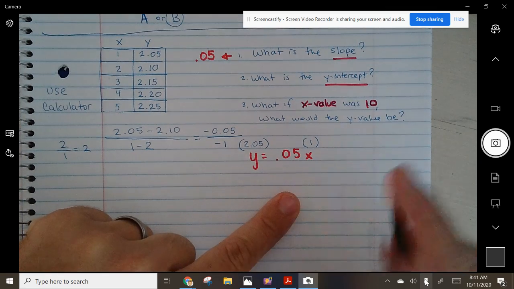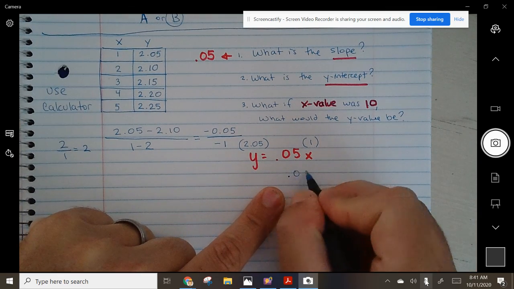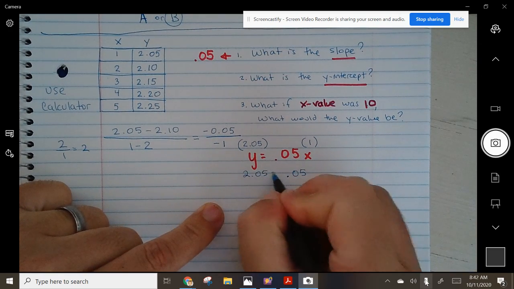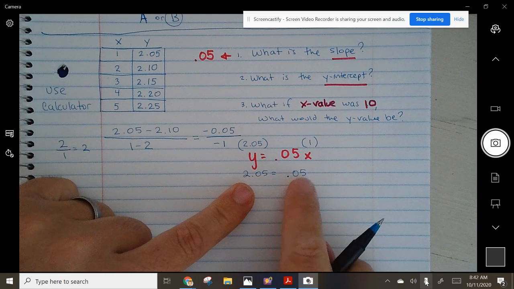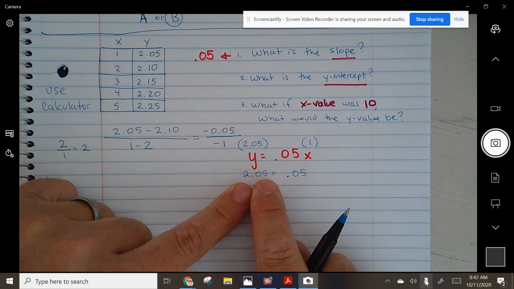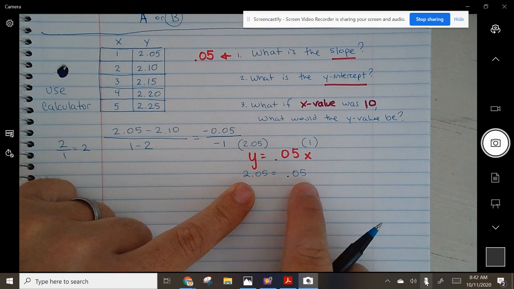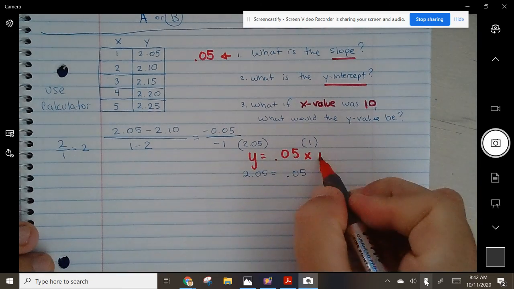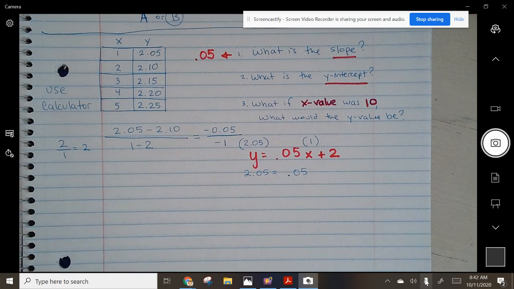It doesn't change, so it's going to be 0.05. And this is 2.05. So how do I get from 5 cents to $2.05? What must I add? Plus 2. Okay, so now that you've done that, write that down if you haven't. That's your slope, and that's your y-intercept.